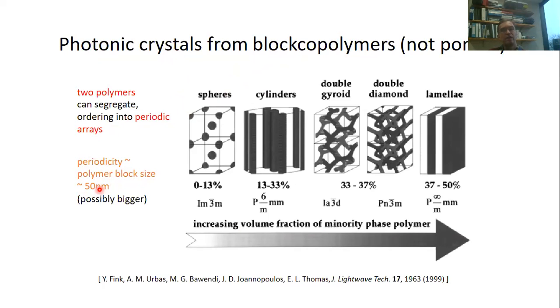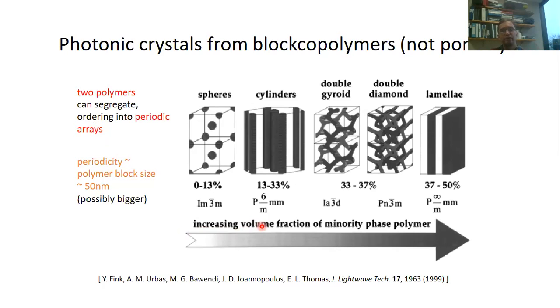Then the blocks of the block copolymers segregate into ordered arrays, whereby the exact phase that forms depends on the relative volume fraction of the blocks.